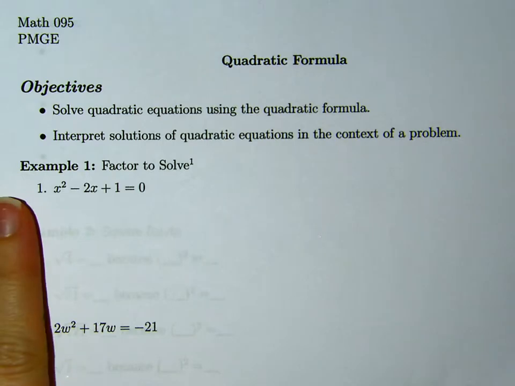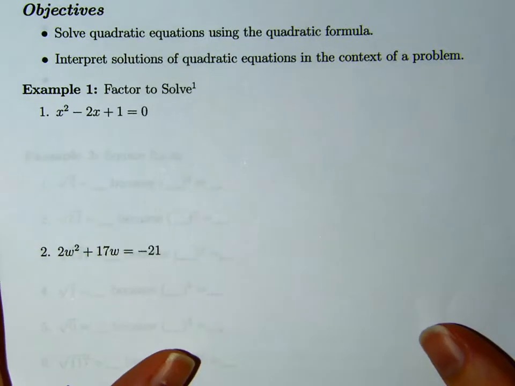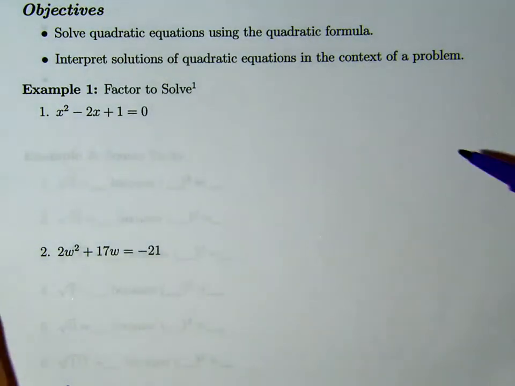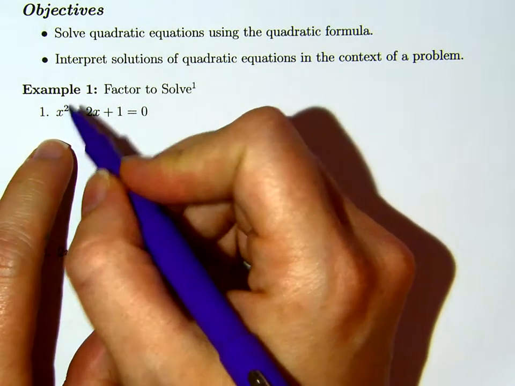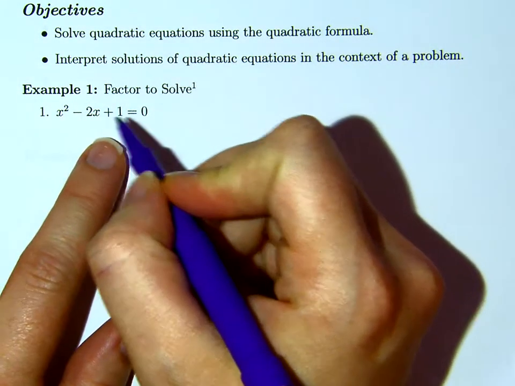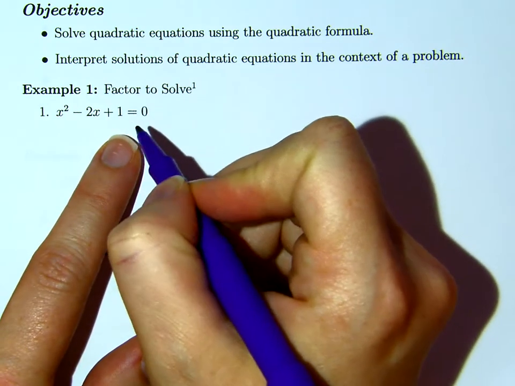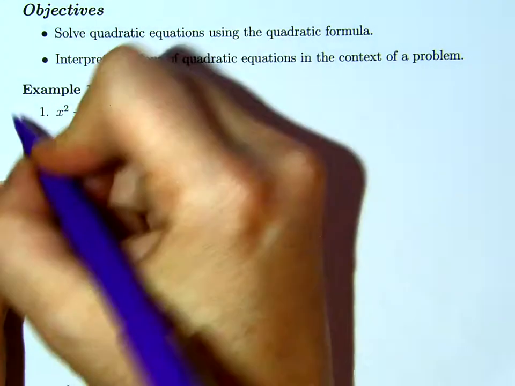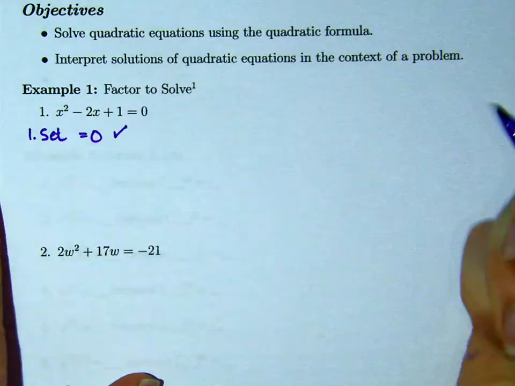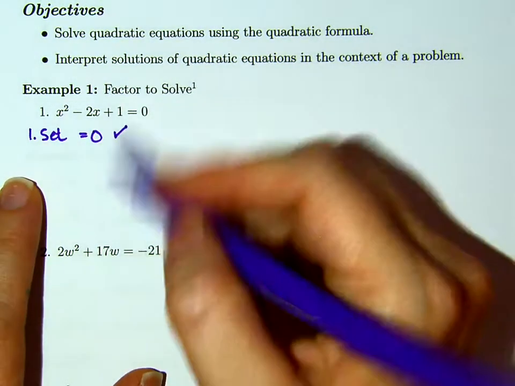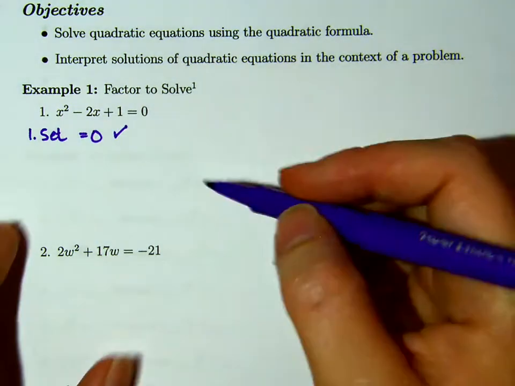Okay, so now we're back on track for figuring out why the heck we do all of these things in math. Let's see, x squared minus 2x plus 1 equals 0. So first, I see that it is set to 0. Check. Okay, because of the 0 factor property.